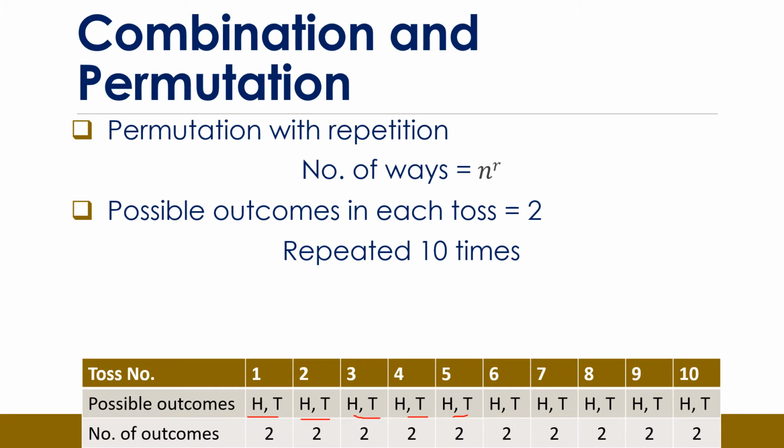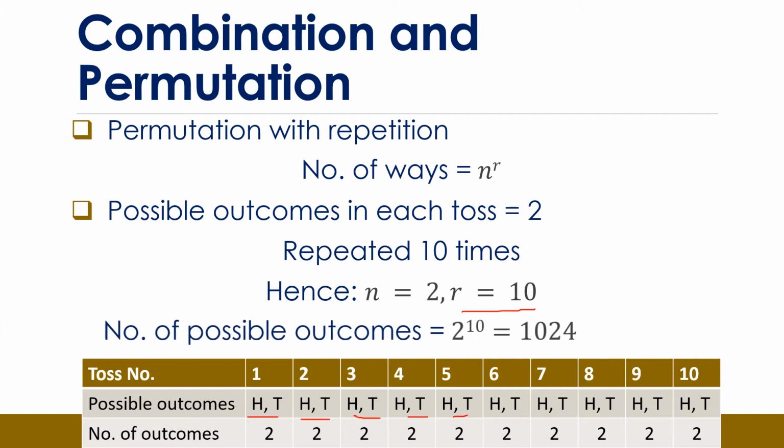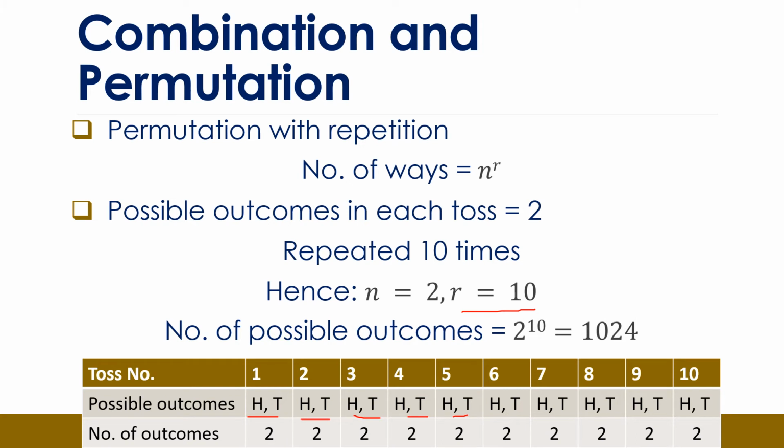Thus, the total number of possible outcomes will be determined by taking n to be equal to 2 and r to be equal to 10. And so the total number of possible outcomes will be equal to 2 raised to power 10, which is equal to 1024.